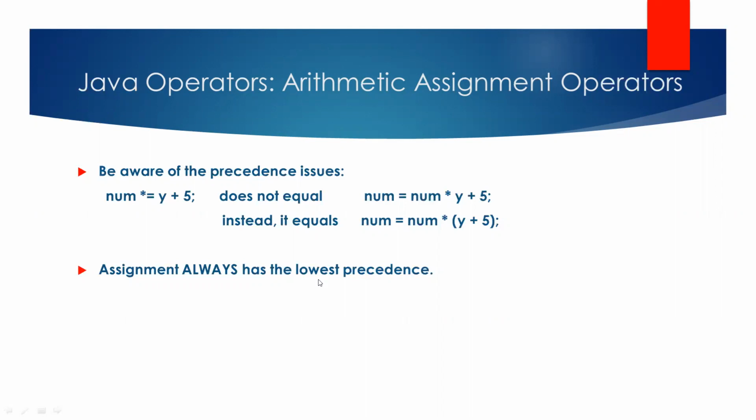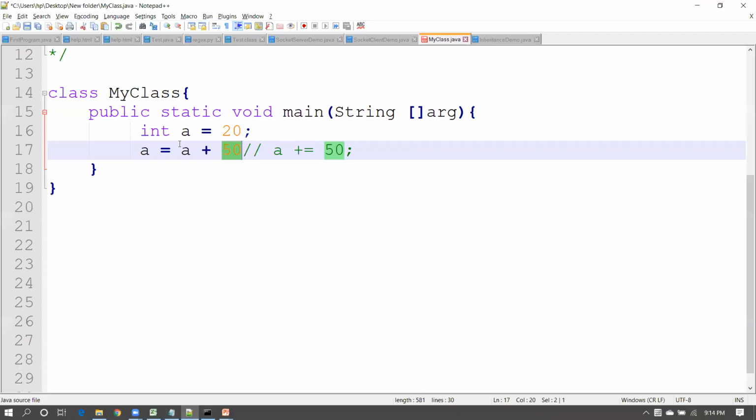One more thing I just want to mention here. This is your assignment operator. Always write the expression on the right side of the assignment operator. On the left side, only one variable will be there.